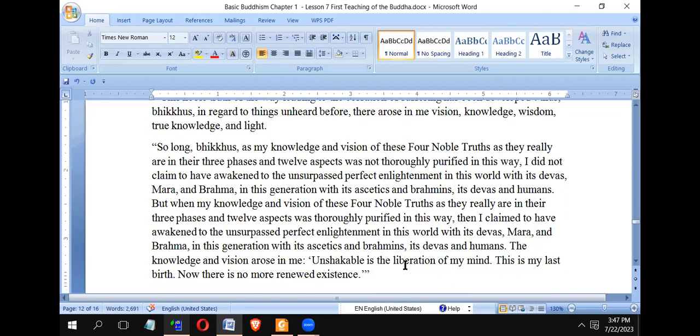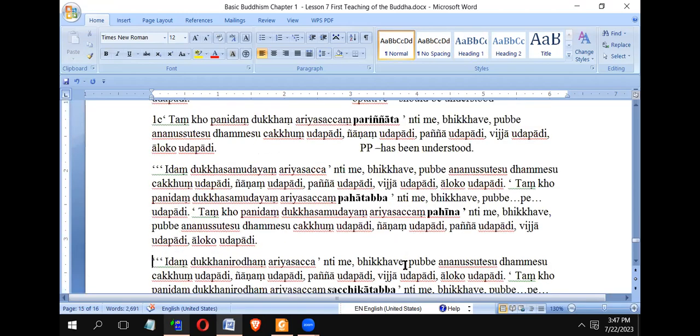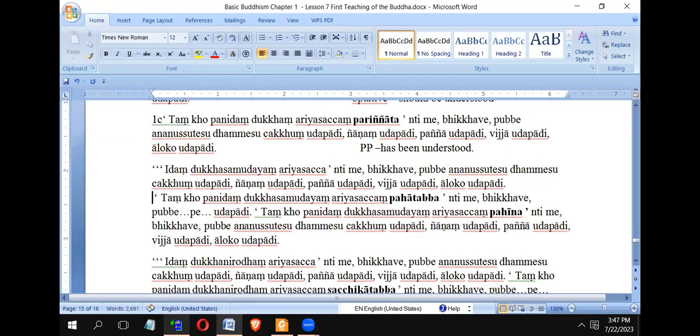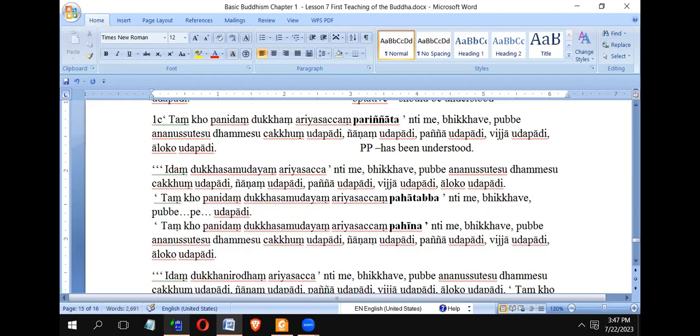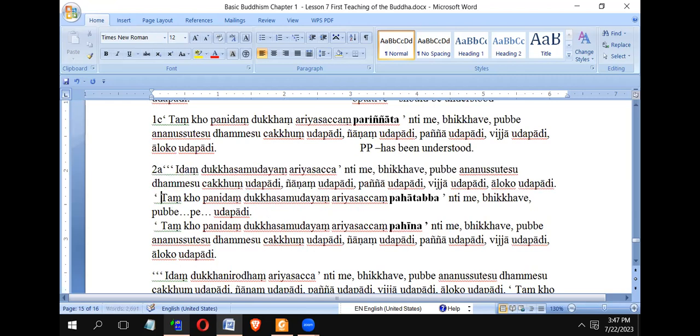Okay. So second, we look at the Pali again. 2A, 2B, 2C. Idam dukkha samudayam ariya saccan ti me bhikkhave pubbe ananussutesu dhammesu cakkhum udapadi, nanam udapadi, panna udapadi, vijja udapadi, aloko udapadi.